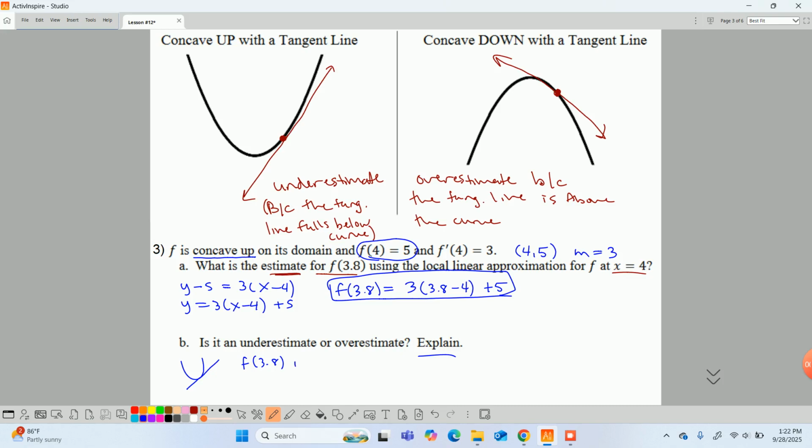So I'm going to write here f of 3.8 is an underestimate, because f is concave up and the tangent line, let me be very specific, and the tangent line at x equals 4 falls below the curve.